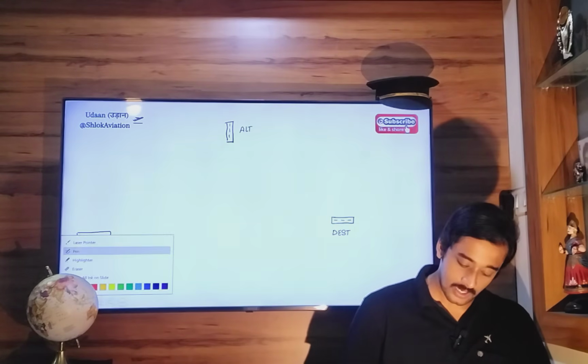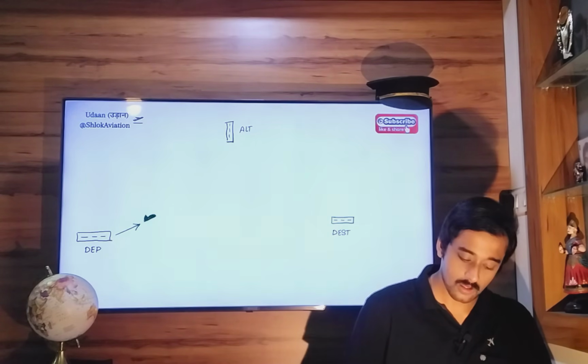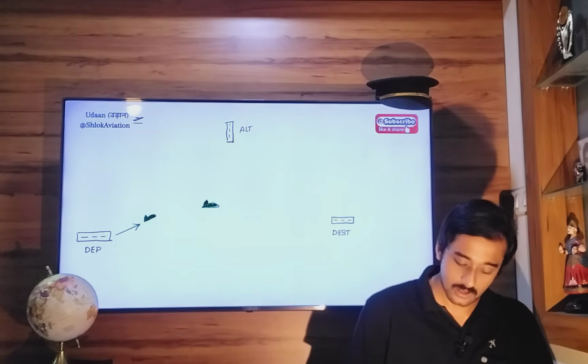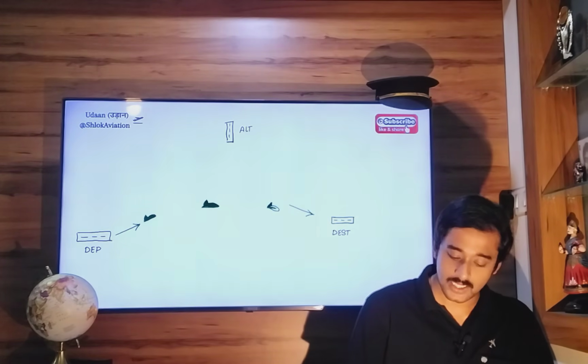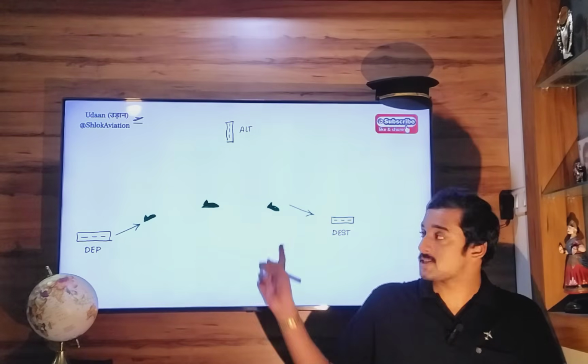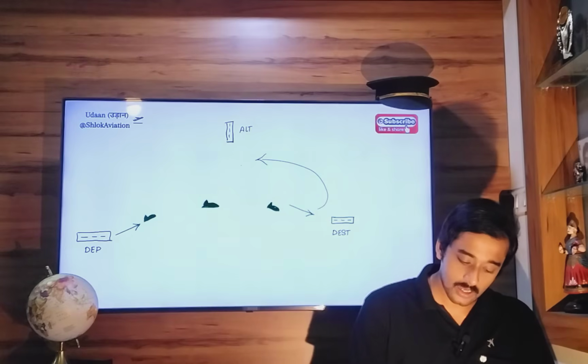Now your aircraft will take off from this departure airport, fly towards destination airport, but due to some contingency, the pilot decides to divert his aircraft from this destination airport and go towards alternate airport.